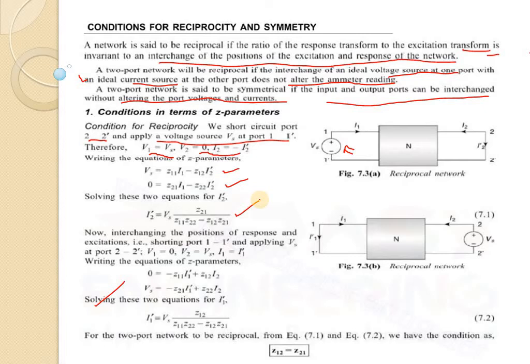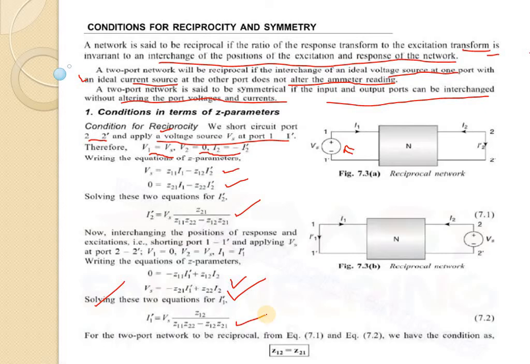Solving these two equations, we get I1 dash equals Vs into Z12 divided by Z11 into Z22 minus Z12 into Z21.